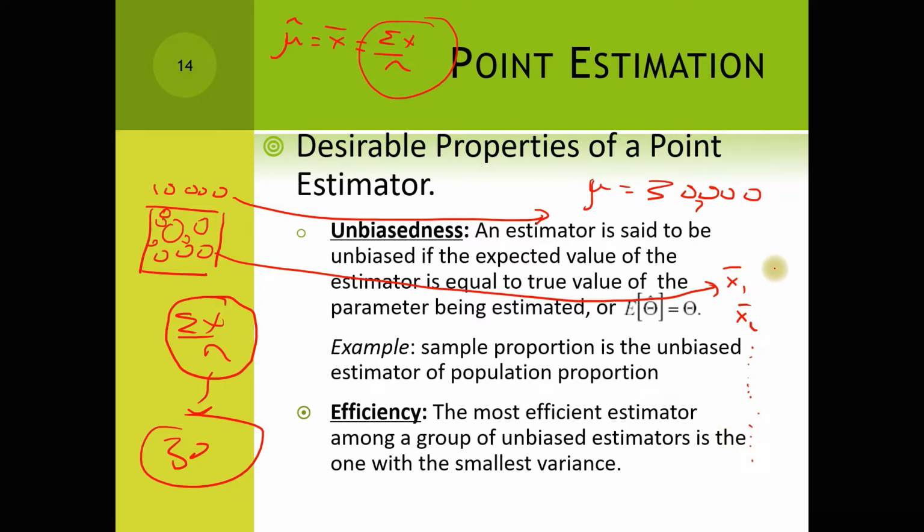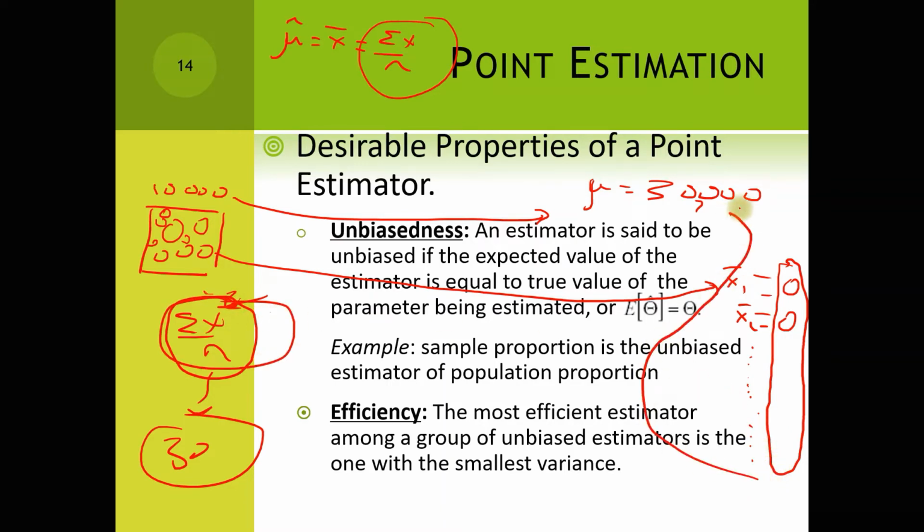And if you were to take all the possibilities of these different sample means and do an average of them, using that formula, and let's suppose you get the true mean 30,000, then it means that this formula is unbiased.